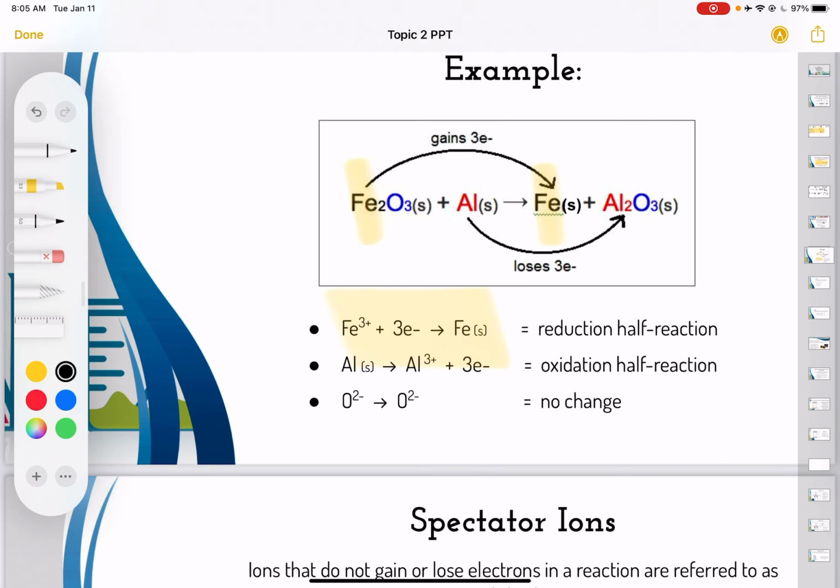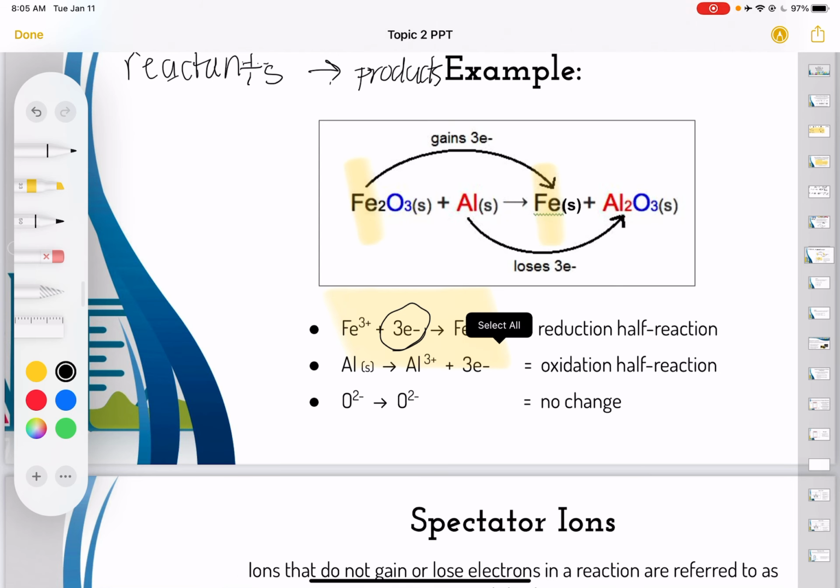So when you're gaining something, you put it on the reactant side. Remember, reactants are on the left, and products are on the right.